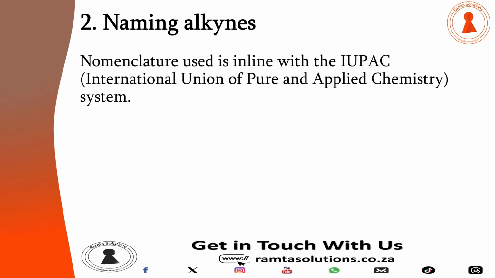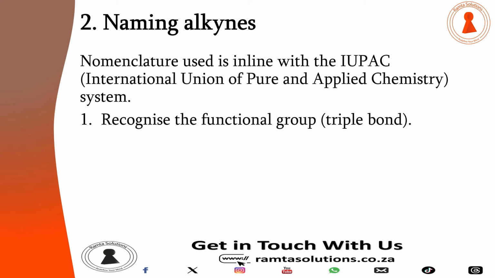Of course, we've been saying all along that the nomenclature used is in line with the IUPAC system. So remember, one, it says recognize your functional group. Your functional group in alkynes is a triple bond. You must also indicate the location of that functional group.